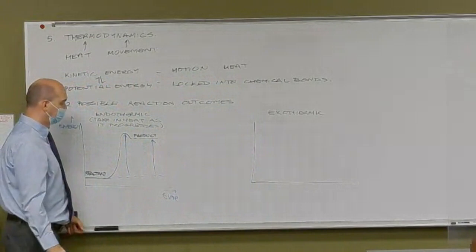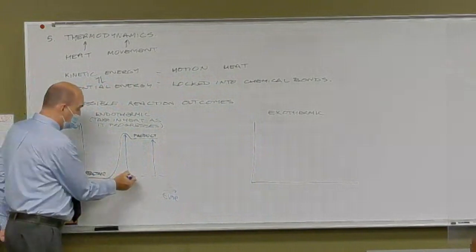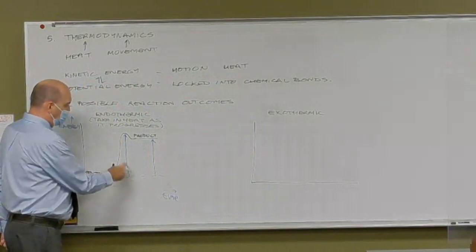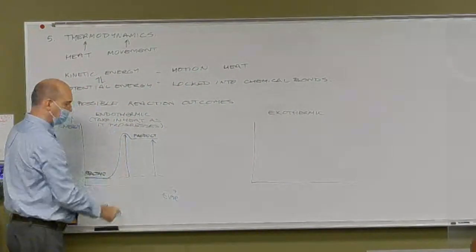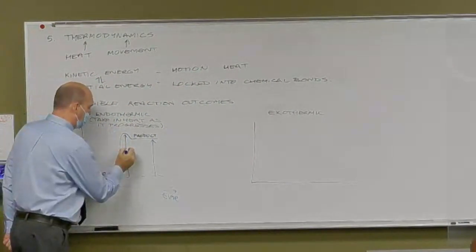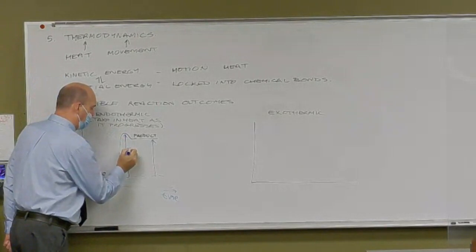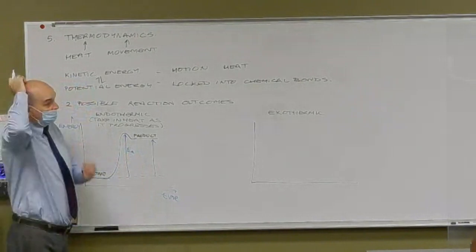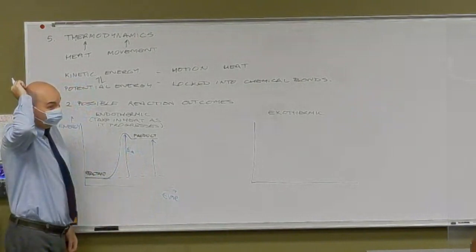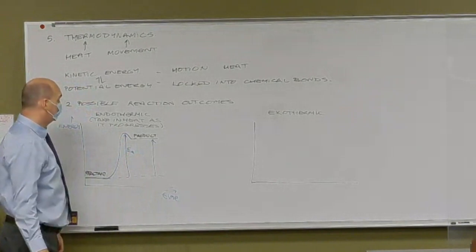from this graph. One is the big energy gap. That gap is labeled EA. That's a capital E, E for energy, and a lowercase a for activation.